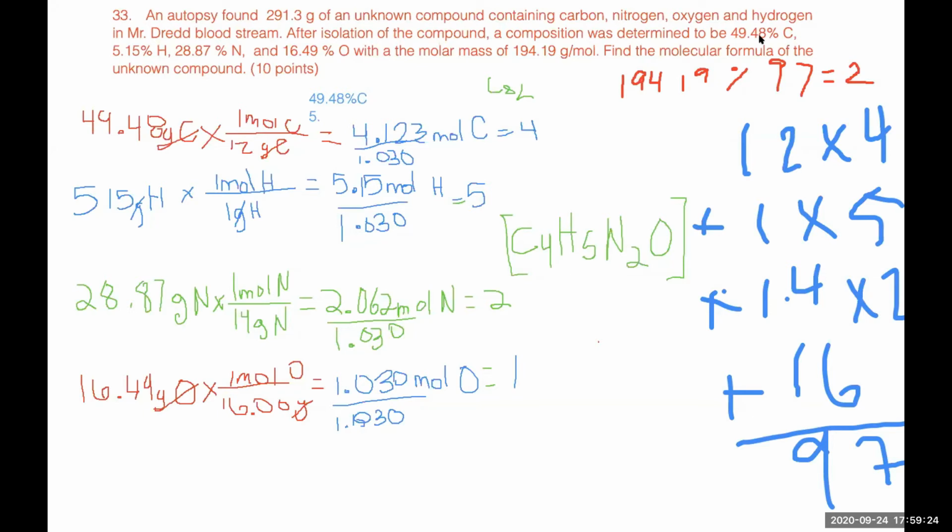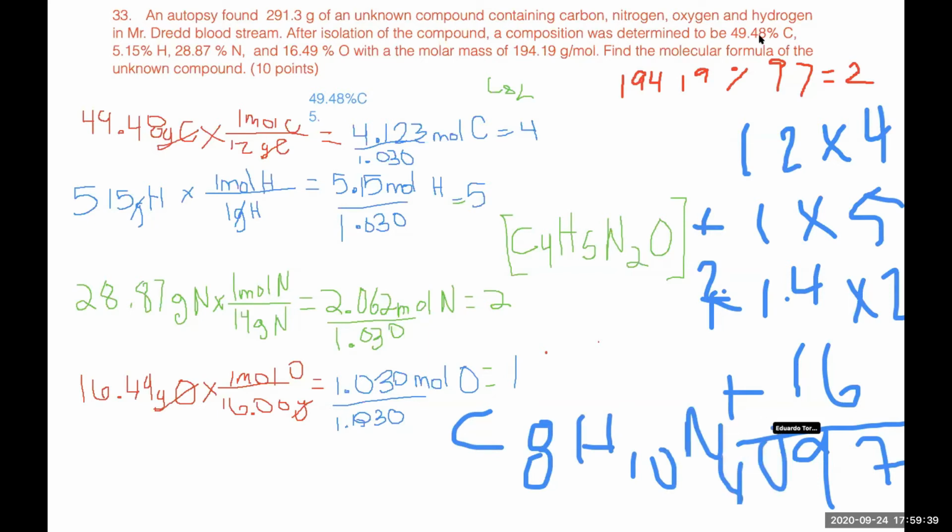Let me write it down. So it's 2 right there, and then it's going to end up being C8, H10, N4, and O2. My bad, I have a fat finger.